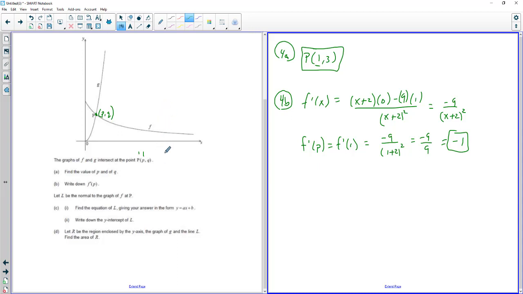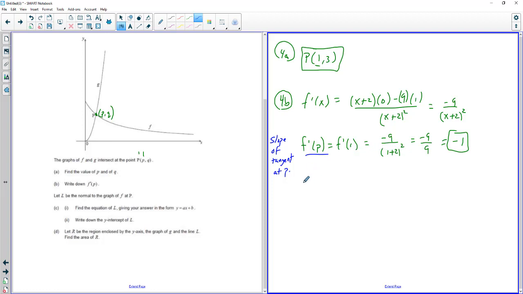To find the normal to the graph of P, I need to find this tangent to the graph at P. As it turns out, I have already found the derivative at P, which is your slope of your tangent at P.